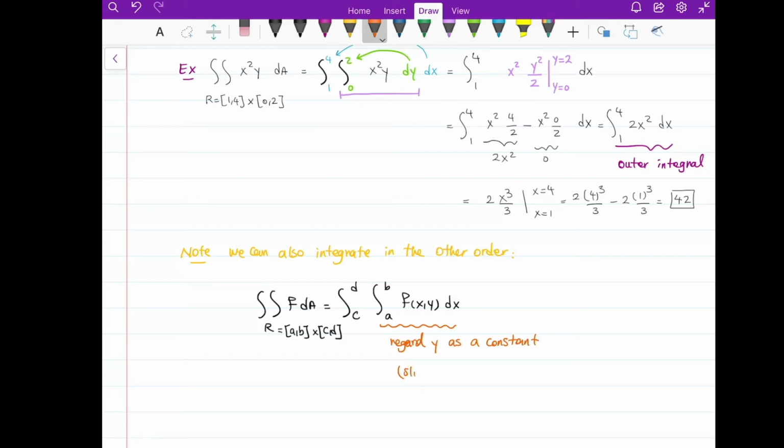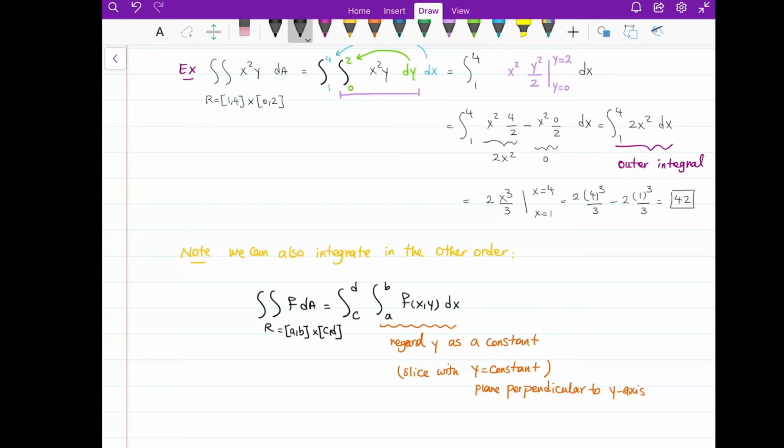So slice with y equals some constant, with a plane perpendicular to the y-axis this time, right? And so this is the area of your slice.